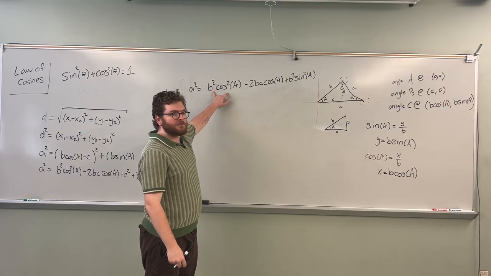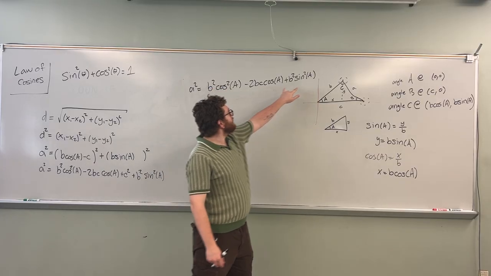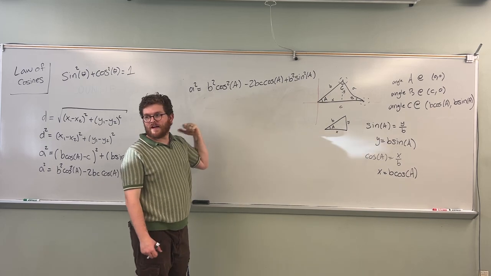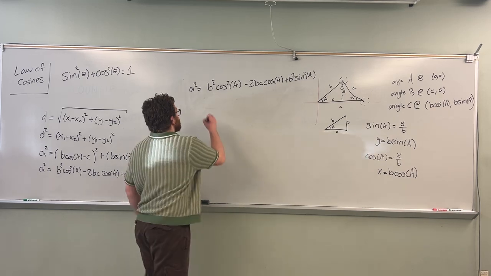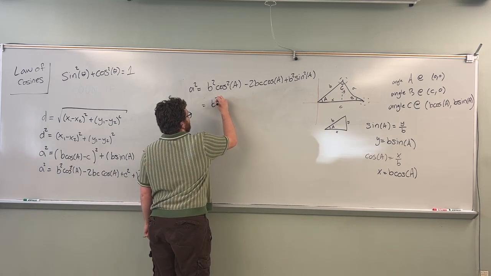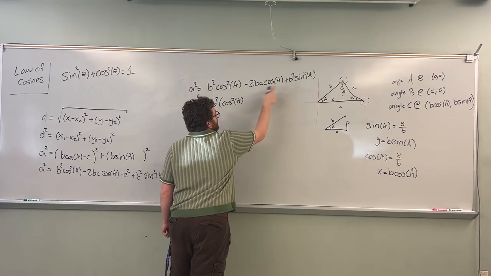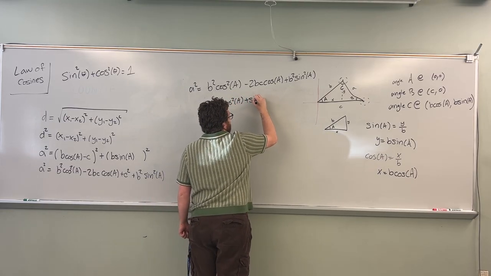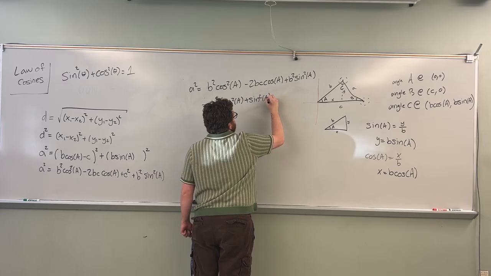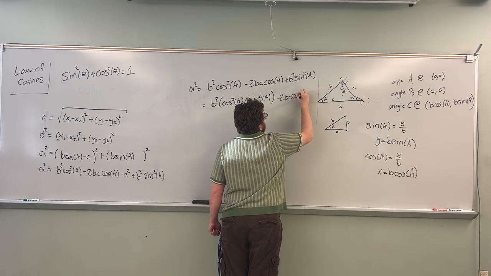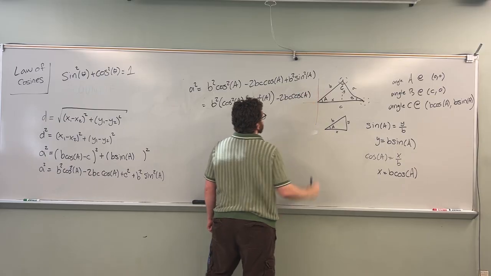I've got this b squared term here and this b squared term here, so I can put them together and factor out the b squared. That's the same thing as b squared times cosine squared of a plus sine squared of a, and then minus this 2bc cosine of a.